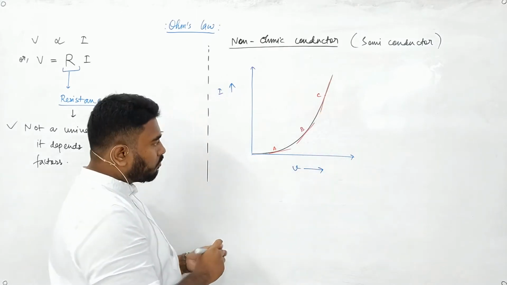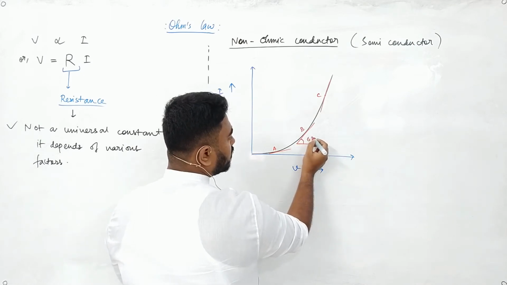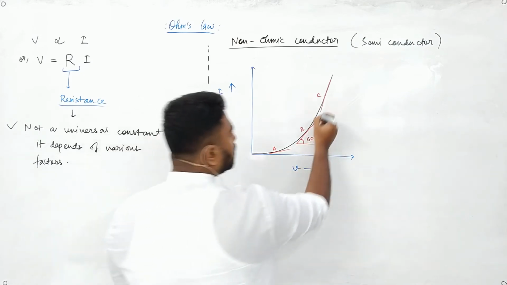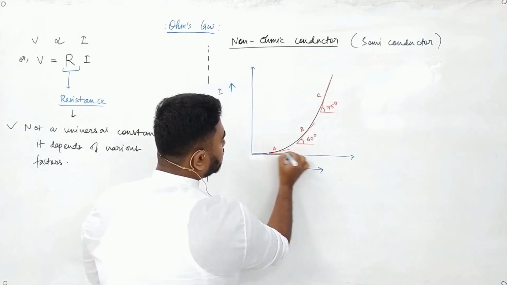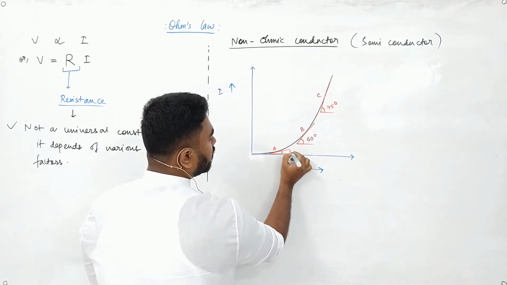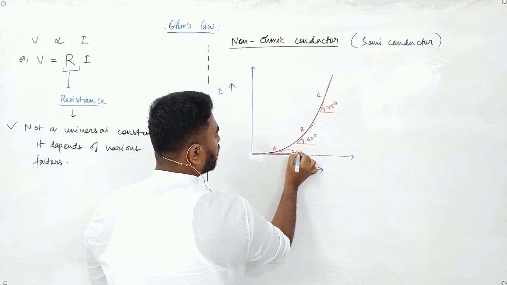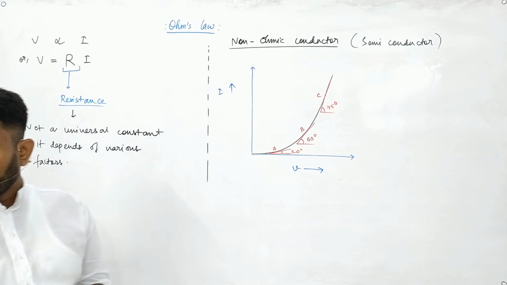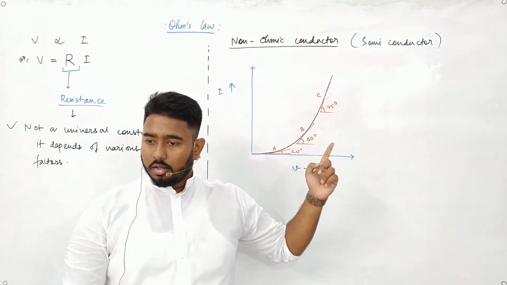Now we can easily find out that this angle is about 60 degree, this angle is about 75 degree, and this angle is about 30 degree or less than 30, say about 20 degree. Approximate. But we can easily find out that it is changing, right? It is increasing.